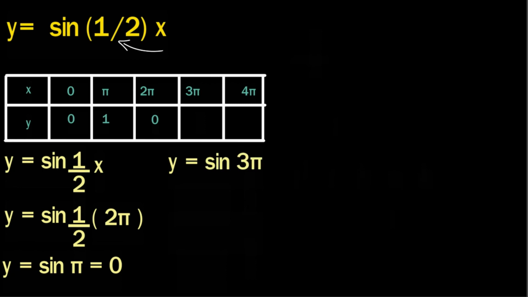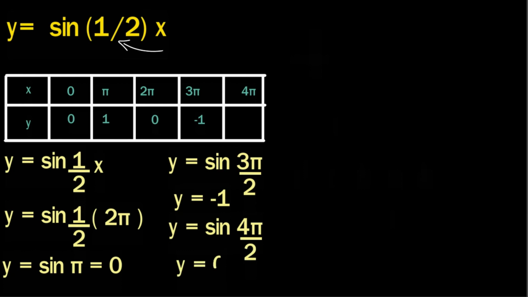We plug into the equation and we will get -1. And finally, let's say we plug into the equation 4 pi over 2. We will get sine 2 pi, which is 0.